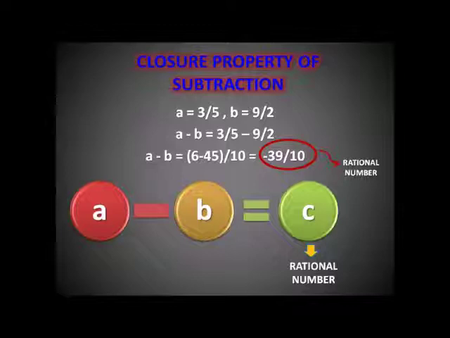This minus 39 by 10 is a rational number. Even if you consider 0 as one of the two rational numbers, then also the result will be a rational number. Hence, we can say that rational numbers are closed under subtraction.